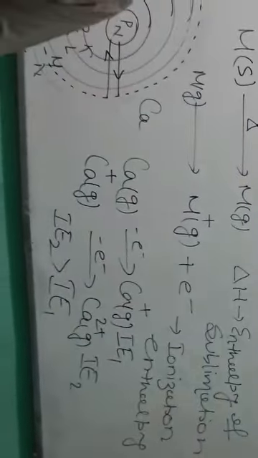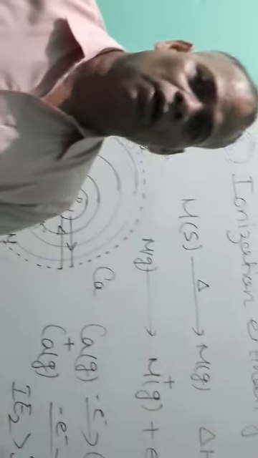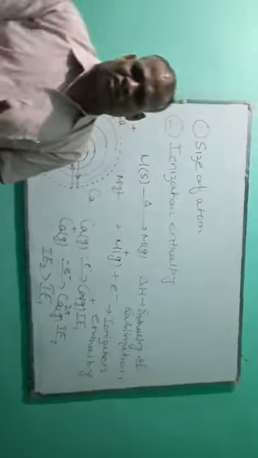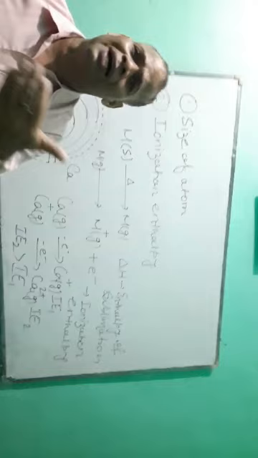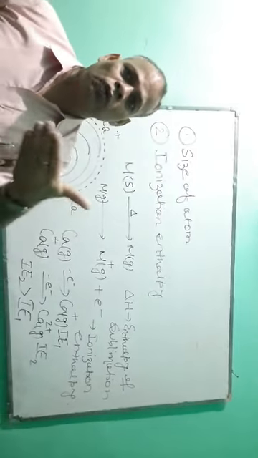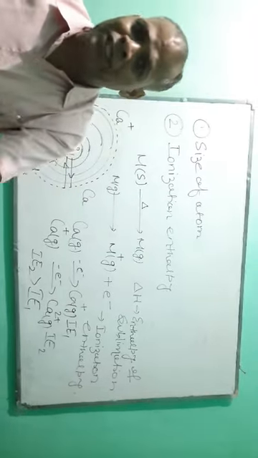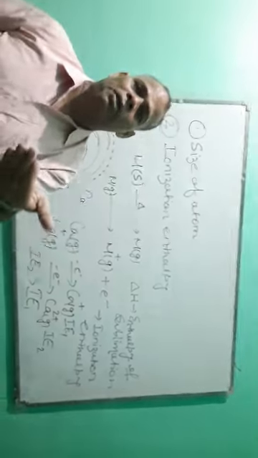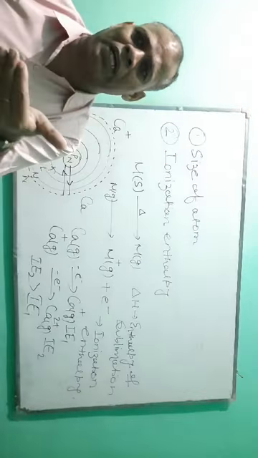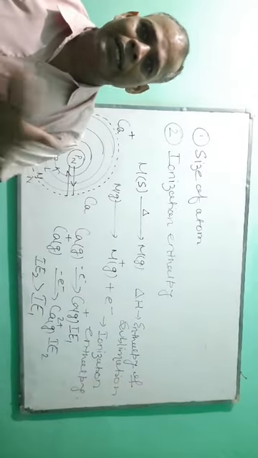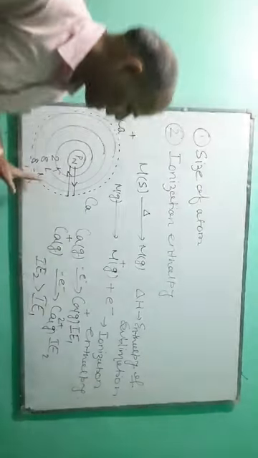This gives a reluctance to lose the electron. It delays the losing of electron and makes the element less reactive as compared to those metals which can easily lose an electron, like sodium and potassium.